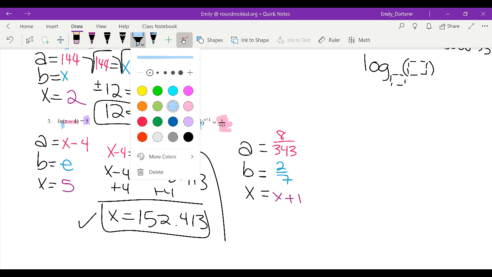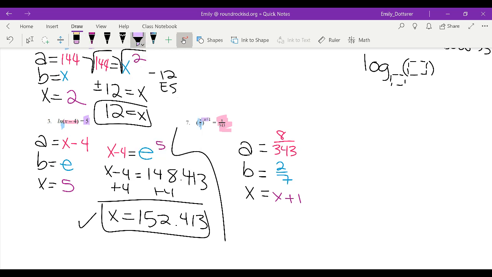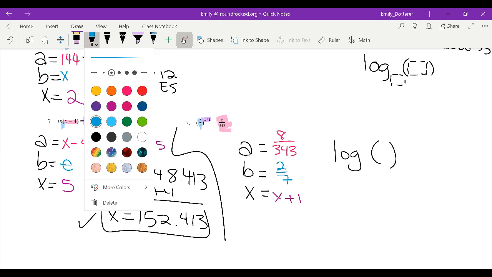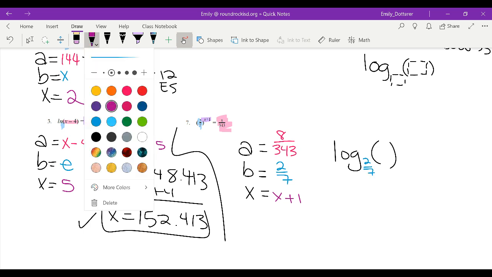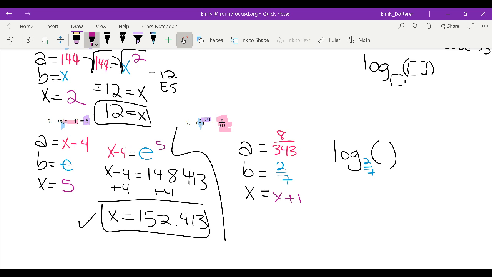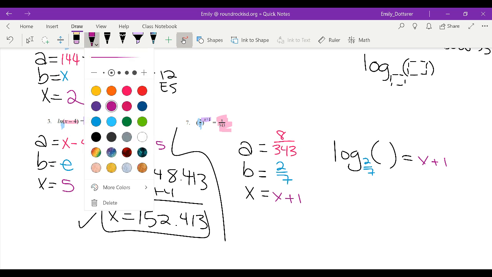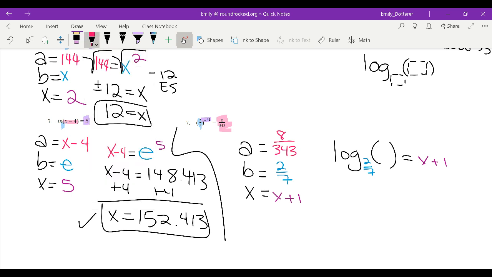So it is perfectly okay for us to have fractions as our base. We just can't have a negative value there. So we're going to convert this to a logarithm. It's going to be log base 2 over 7 of 8 over 343 equals x plus 1.